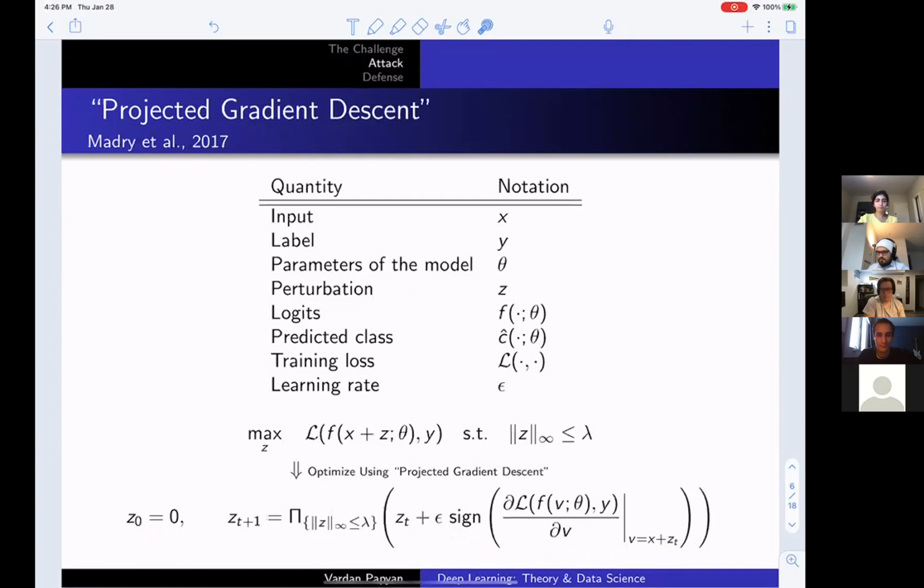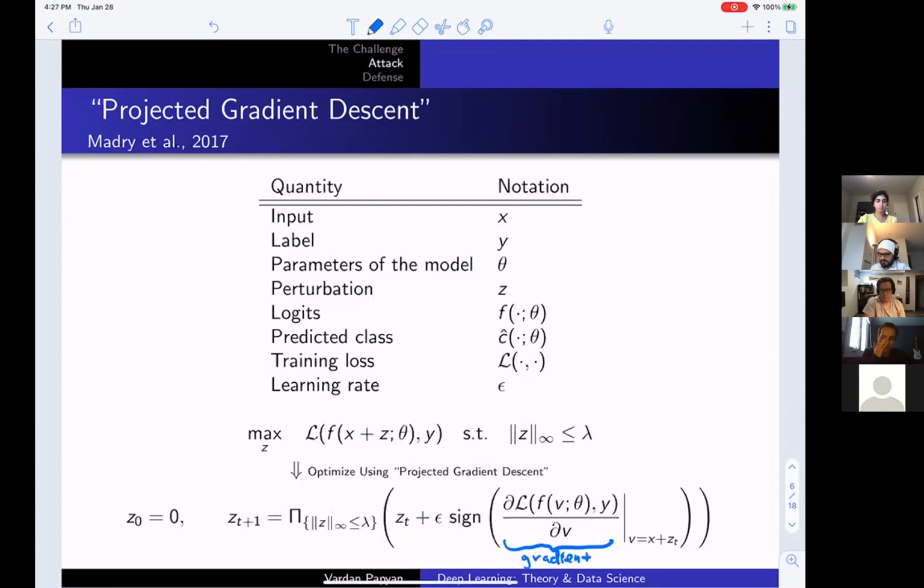Let me highlight some important things. This is a gradient, but it's important to understand a gradient with respect to what? It's a gradient with respect to the input to the network. Usually when people say gradients in deep learning, they think about gradients with respect to parameters, right? This is a gradient with respect to the input.